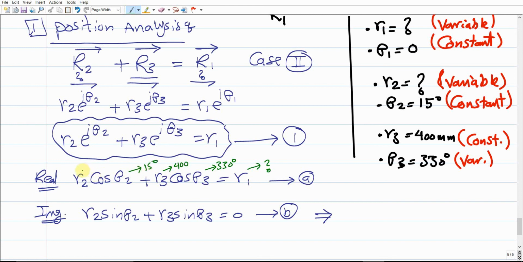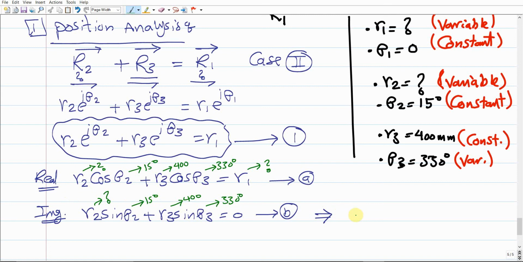R2 is the second unknown. So in the first equation we have two unknowns, but in the second equation only one unknown. If we solve equation B directly, we can find R2.